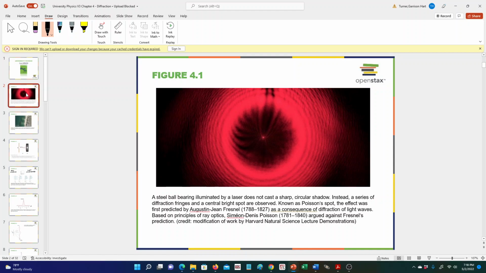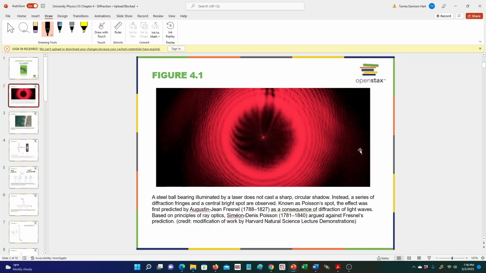And depending on the situation, they can actually form patterns. The waves will spread out spherically, and as a result, they will interfere with each other on the opposite side of your object, and that's exactly what you're seeing here. So you're seeing a central bright spot where this laser light has interfered with itself.